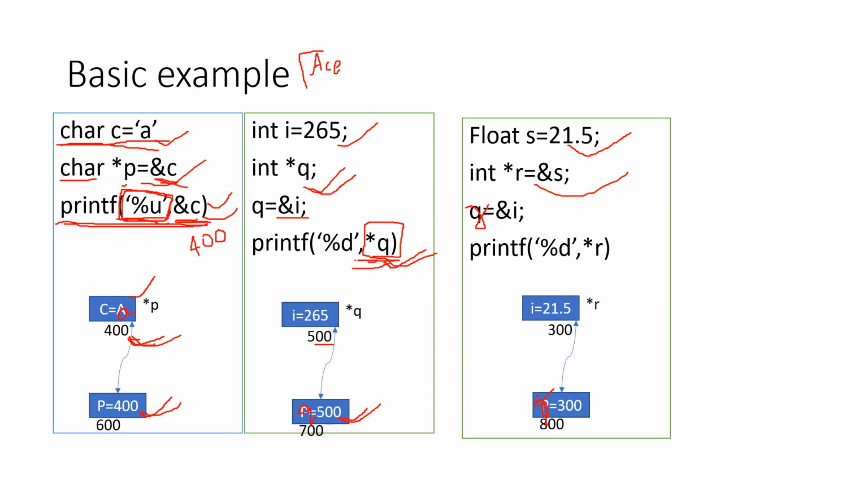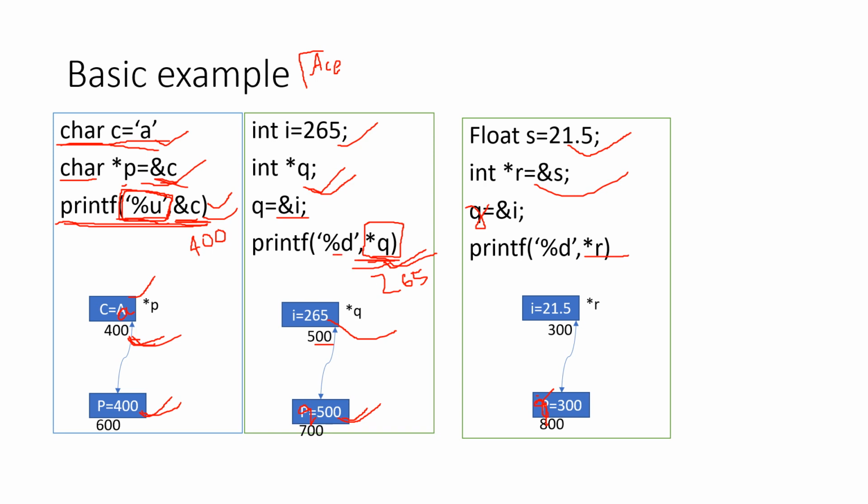And if you want to print star Q, it will give that value, 265. This will print 265. Similarly here, you are also printing the star, and see, here you are printing the value.